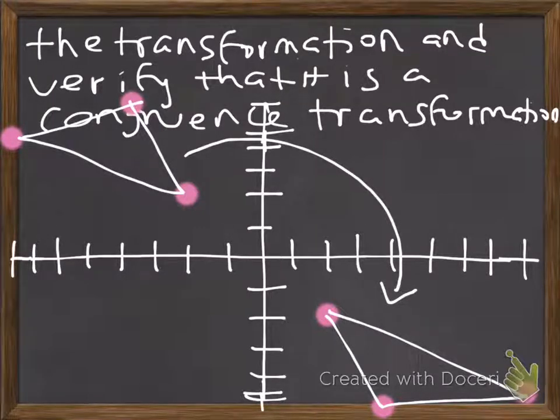So I would actually say this is a rotation, not a reflection. The reflections would more so have to be on the same side of the graph, not diagonal like that. So then if we're going to try and say that this, or verify that this is a congruence transformation, we're going to need to say that all of the sides are still equal to each other. So we're going to have to use the distance formula to measure each side and prove that the triangles are also still congruent to each other.